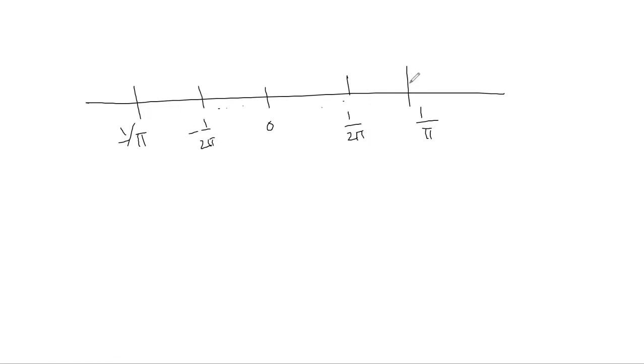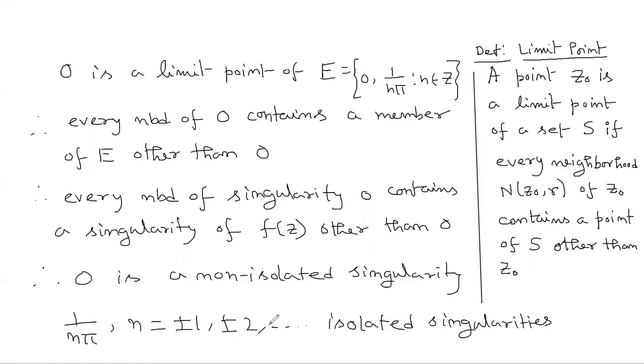For each such singularity, we can construct a neighborhood where the function f(z) is analytic everywhere except the point 1 by pi. So these are all isolated singularities. The 0 is a non-isolated singularity, and 1 by n pi for n equal to plus minus 1, plus minus 2, etc. are all isolated singularities.